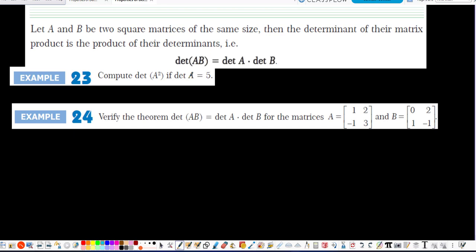Here, determinant of A squared, what is it, if determinant of A is equal to 5?